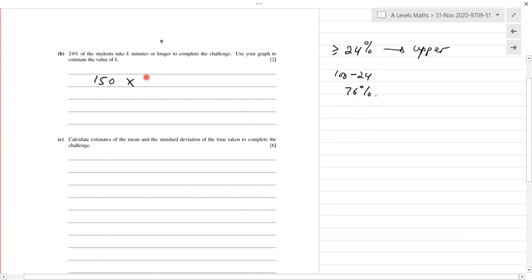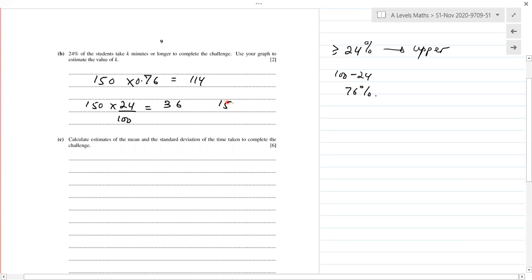So 150 multiplied by 76%. And that's going to give you the value 0.6. So that's 114. Or you can do 150 multiplied by 24, that's 100, and that gives you 36.